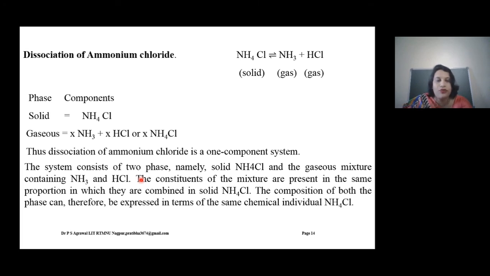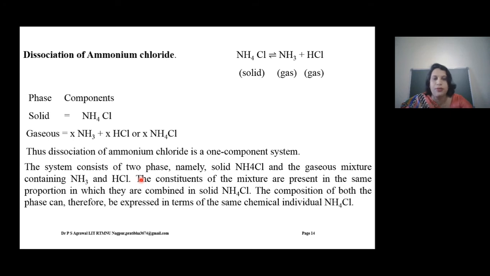Now components, we are going to see there are three components. But when we write the composition of the system, it can be expressed as ammonium chloride itself, which is able to express all the formulas. So that's why it is only a one component system.